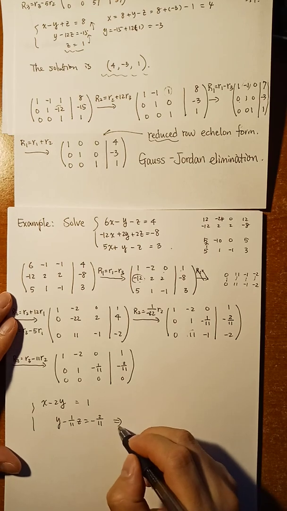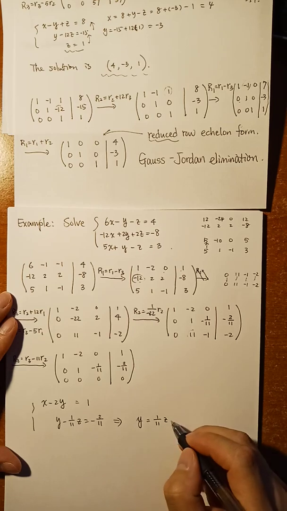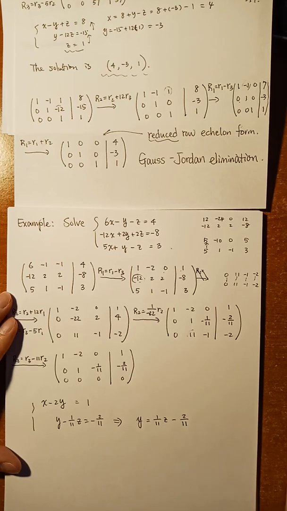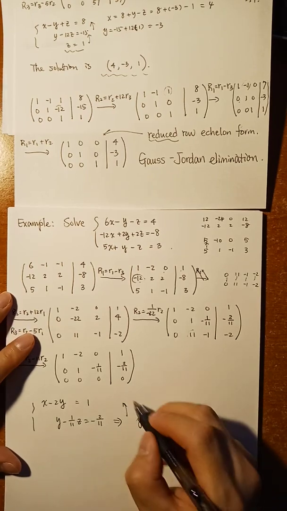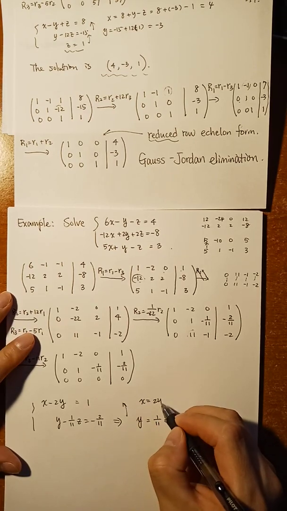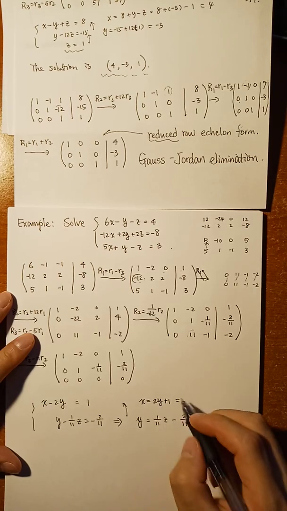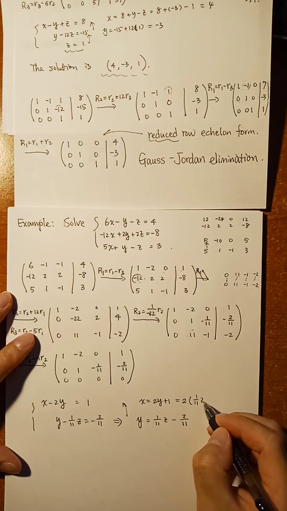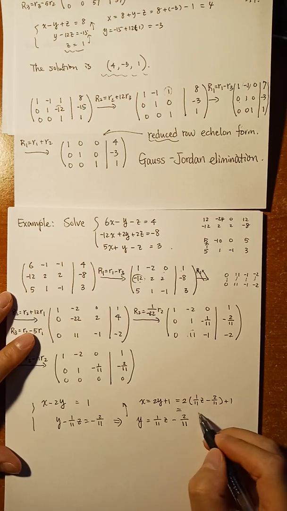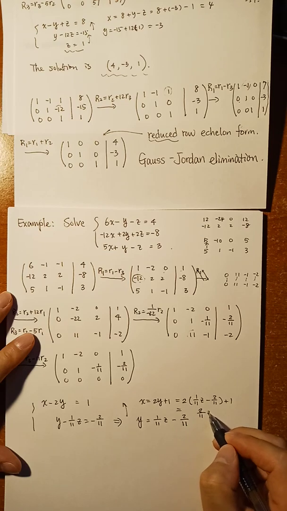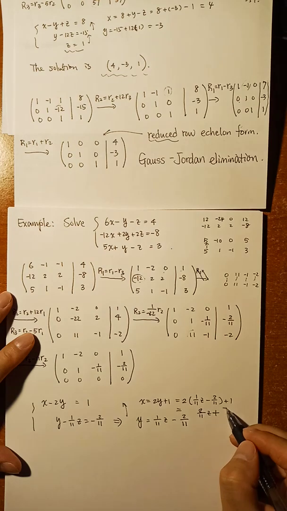And then from the last one, you get y is equal to 1 over 11 times z minus 2 over 11. And then you back substitute, you will get x is equal to 2y plus 1, which is 2 times (1 over 11 z minus 2 over 11) plus 1, which is 2 over 11 z minus 4 over 11 plus 1, it's plus 7 over 11.